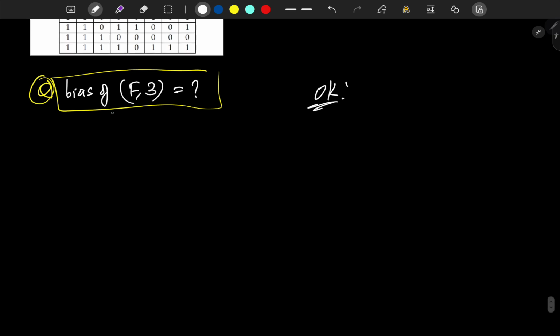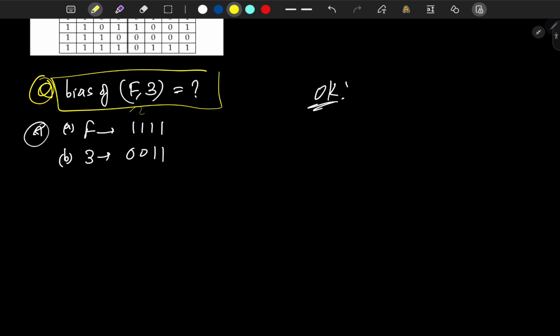Okay, time up. So first let's understand step by step. Whenever it is written like this, first F is written as 1 1 1 1, which corresponds to a, and 3 corresponds to b, which is 0 0 1 1.